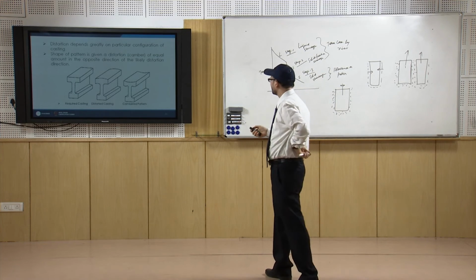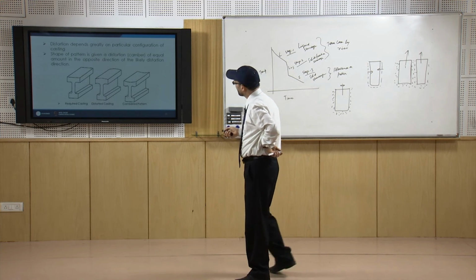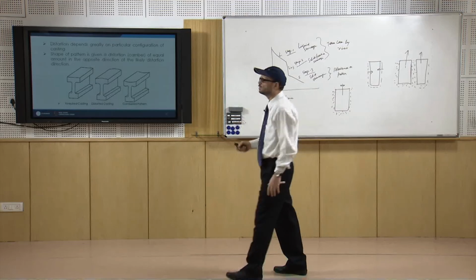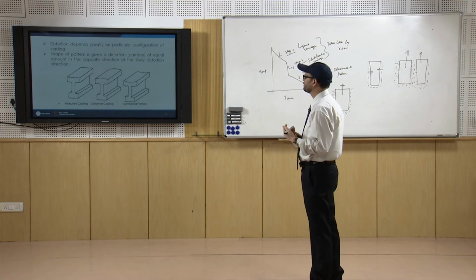You can see that if your pattern is like this and you cast it, this portion will bow down and your casting will look like this, with a concave type of surface. So if you make the pattern like this and it bows, you will get a flat surface. This is known as camber allowance, or a distortion type of allowance.